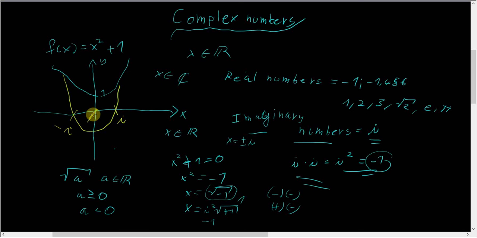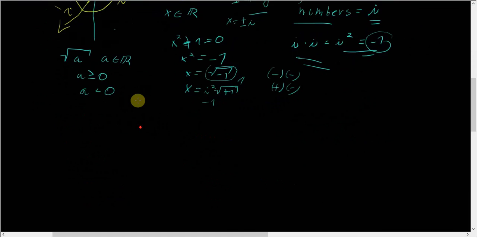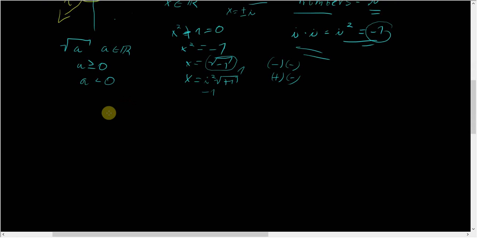So imagine another, let's call it a z-axis coming out from the screen, and that's where it would intersect our x-axis. So how do we picture this complex number plane? Well, quite easily, really.